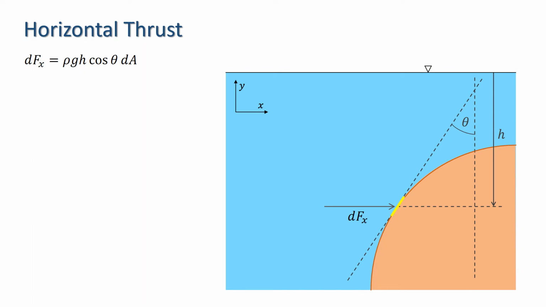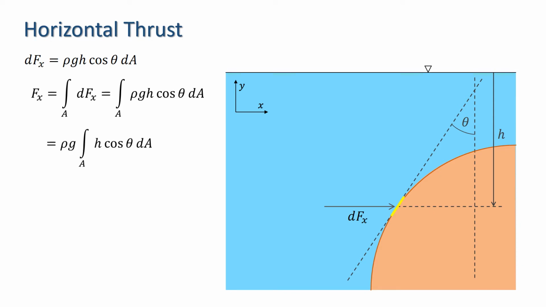Looking at the horizontal component first, we have Fx equals the integral of our elemental force over the area. Rho and g are constant, so we have simply ρg times the integral over the area A of h cos theta dA. Let's look at this integral.